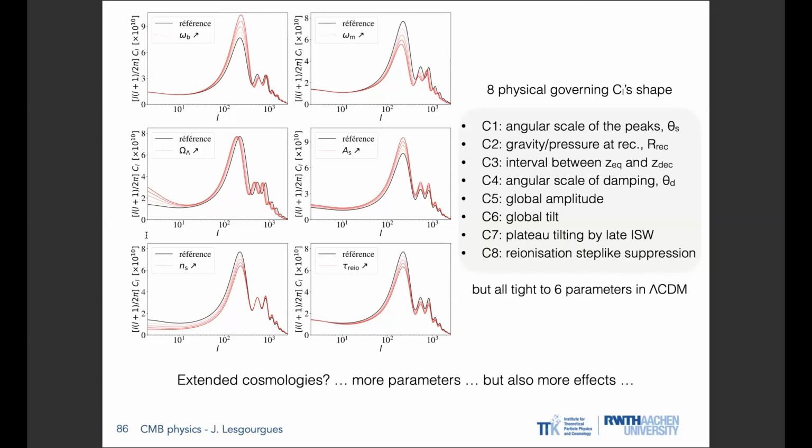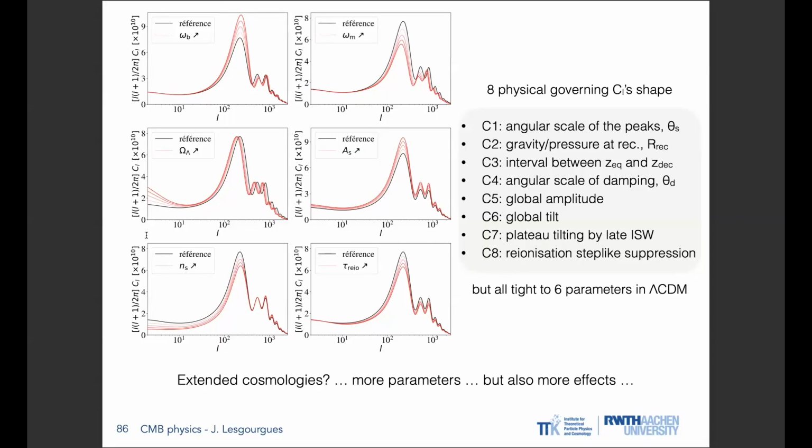There is the effect of shifting the time of equality relative to the time of decoupling. There is a scale under which we see the damping envelope, which comes from the ratio between the damping scale and the angular diameter distance. There is a global amplitude, a global tilt. There is a breaking of the horizontal plateau by the late integrated Sachs-Wolfe, and there is a reionization step-like suppression.